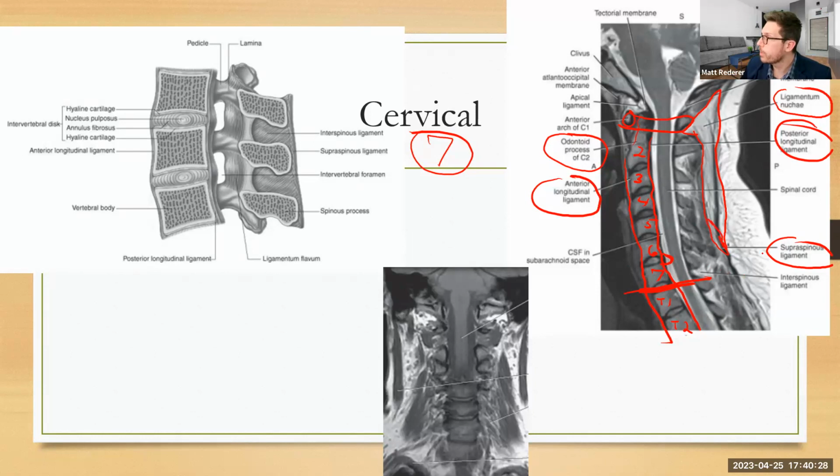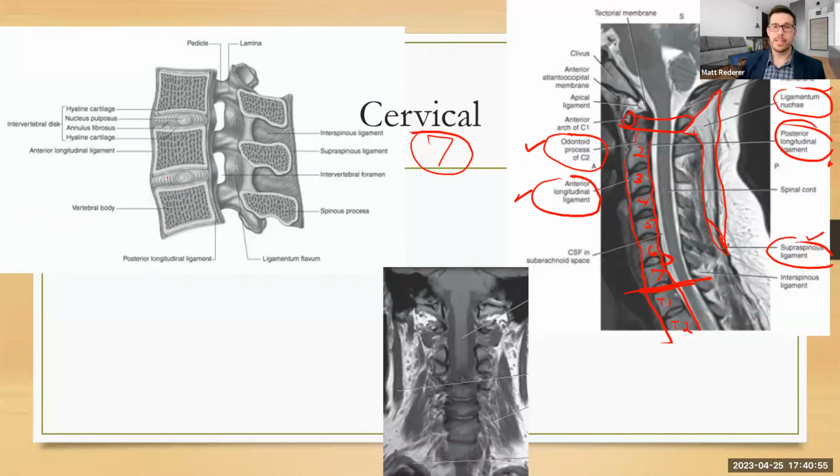So we've got a bunch of these supraspinous ligaments. On this picture, this is all I would want you to know. All right, C2, super important. Your anterior and posterior longitudinal ligament, ligamentum nuchae, and supraspinous ligament.